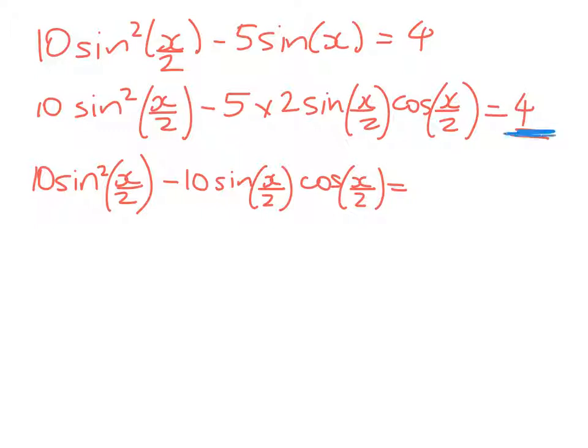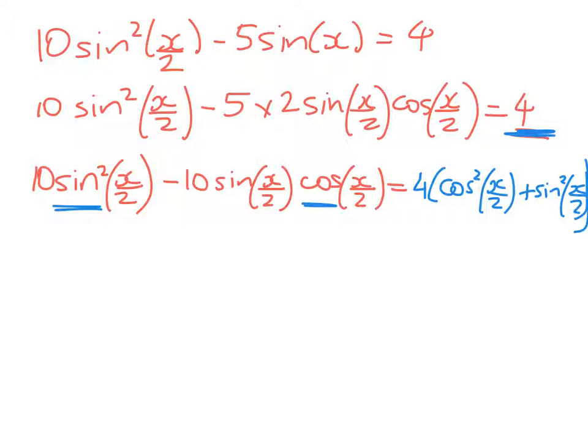So I don't want that constant because I've already got to deal with a sine and a cos. So instead I'm going to change that 4 into 4 lots of 1. I'm going to write that like this: cos squared of x on 2 plus sine squared of x on 2. Right, so I'm using my Pythagoras identity, which is extremely useful.